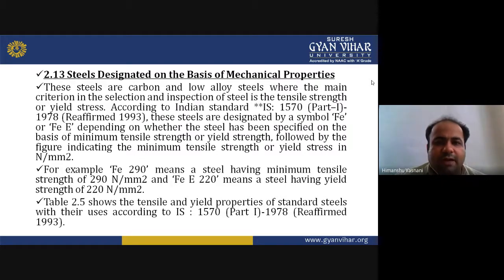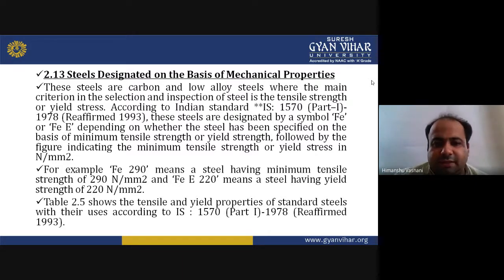According to Indian standards, these steels are designated by a symbol Fe or FeE, which stands for iron, depending on whether the steel has been specified on the basis of minimum tensile strength or yield strength, followed by the figure indicating the minimum tensile strength or yield stress in newtons per mm square. For example, Fe290 means a steel having a minimum tensile strength of 290, and FeE220 means a steel having a yield strength of 220.